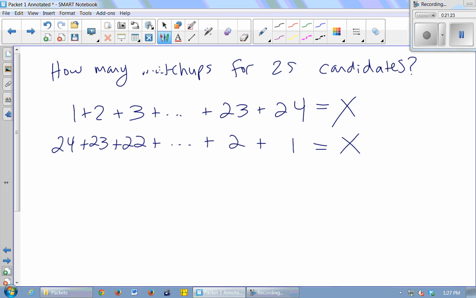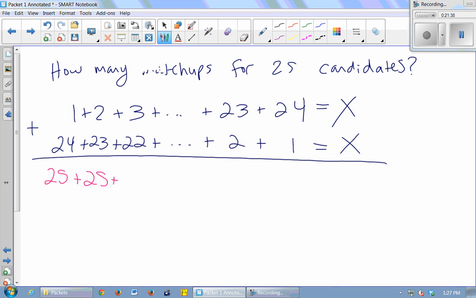All right, so if I take these two equations and add them together, what's 1 plus 24? 25. What's 2 plus 23? 25. What's 3 plus 22? 25. And 23 plus 2 is 25, 24 plus 1 is 25.